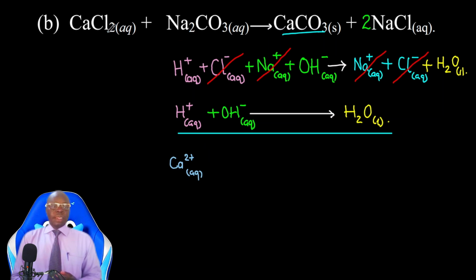So the next ion here is the anion, that is chloride ion, and since there are 2 atoms here, we can place 2 before this chlorine, so we have there 2 chloride ions in an aqueous form also. And we are done with this, so let's move to the next one here.